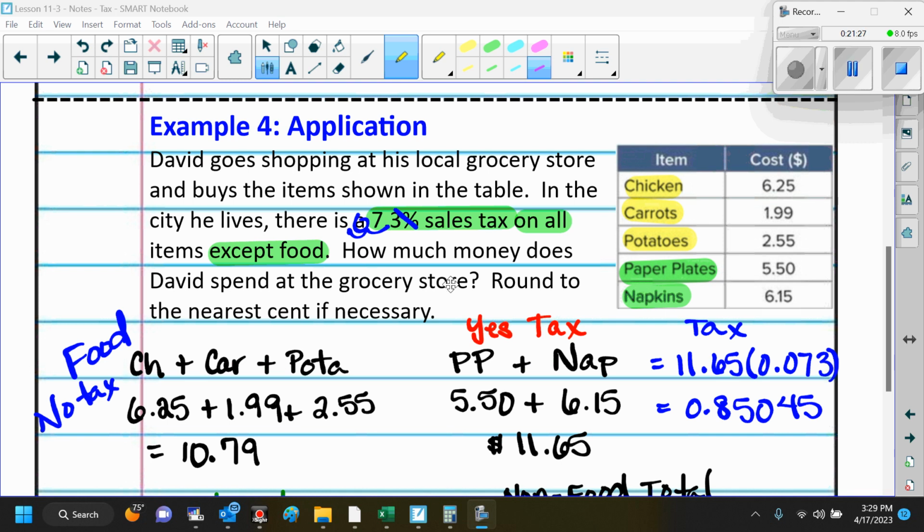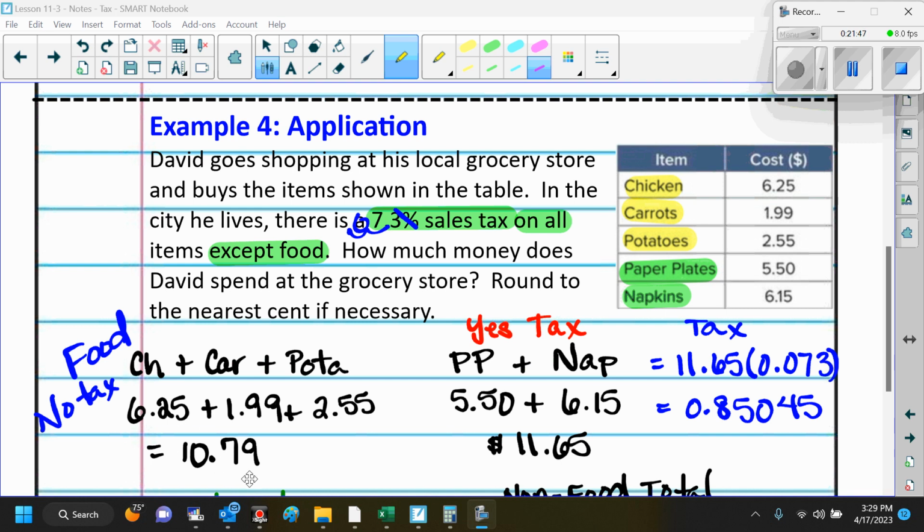All right, so the first thing we need to do is separate the food items and the non-food items. So the food items, we've got chicken, carrots, and potatoes, and I added those up here. So you add those up and you get $10.79.